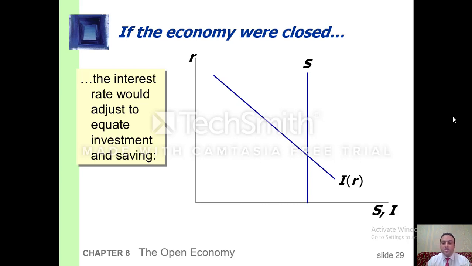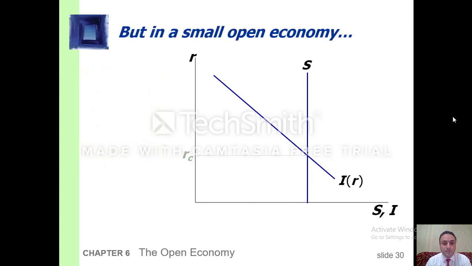Only the companies or the firms can demand funds from the savings of the other individuals. So the interest rate will move to this point, RC. This will be the equilibrium interest rate and determine the amount of investment in the local economy, which will be equal to the savings.